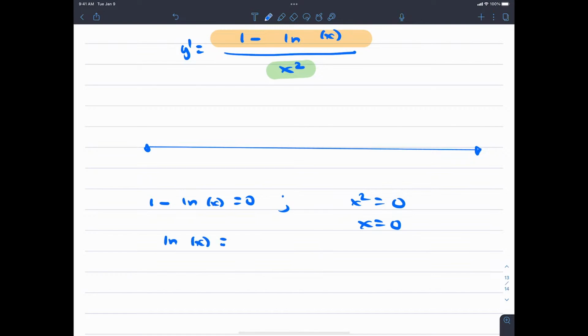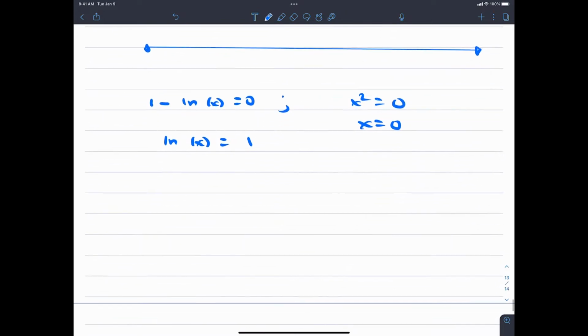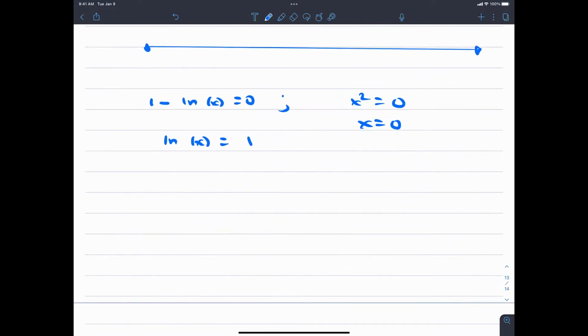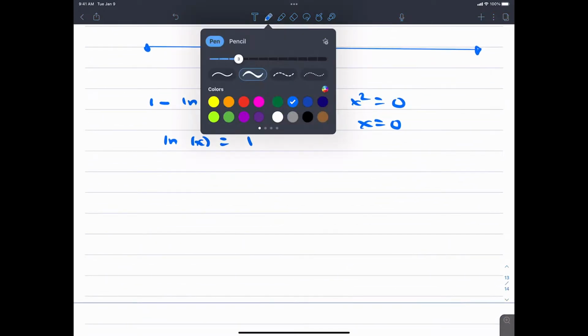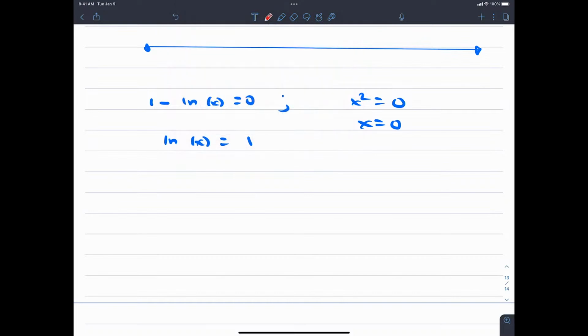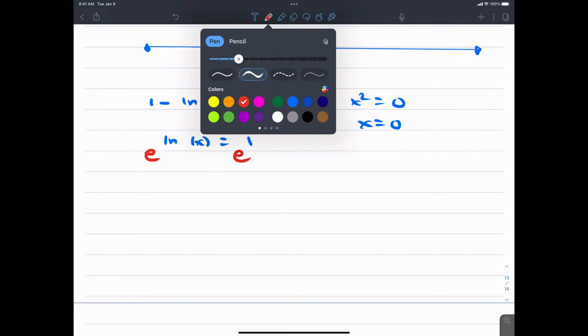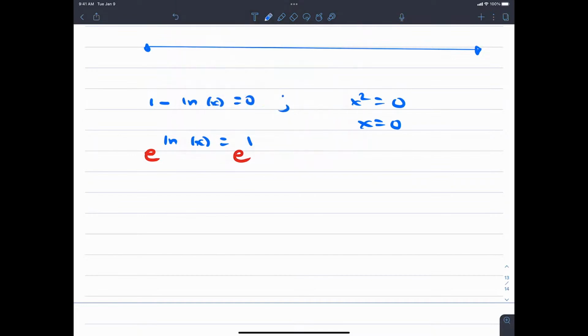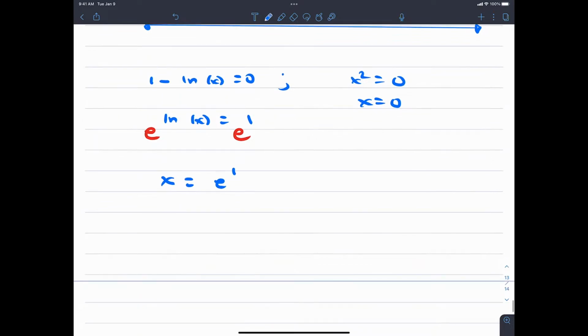Natural log x equals 1. You might say, well, how do I solve this? You could do it two ways. These are my powers. E to the natural log x is really going to be x, and that's e to the first power, which is just e.